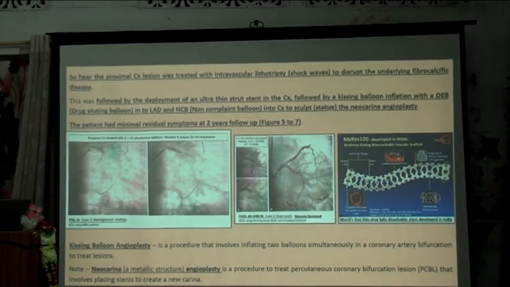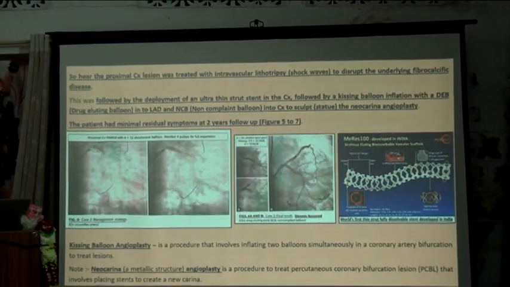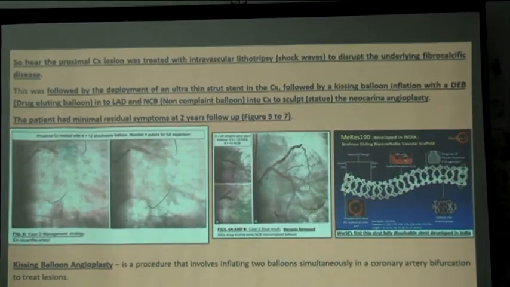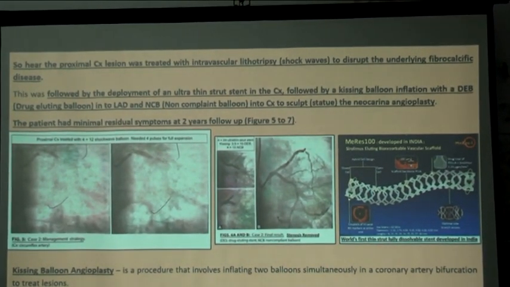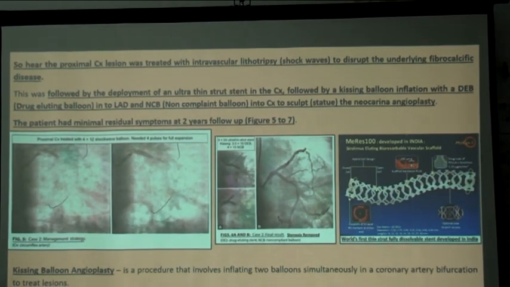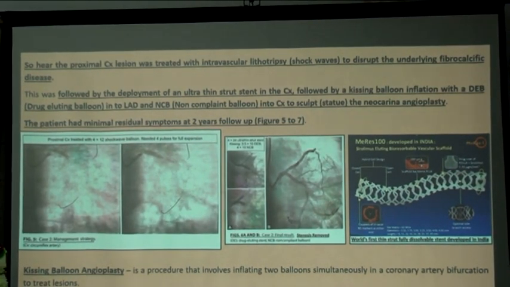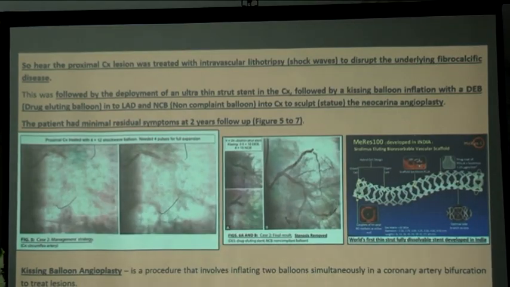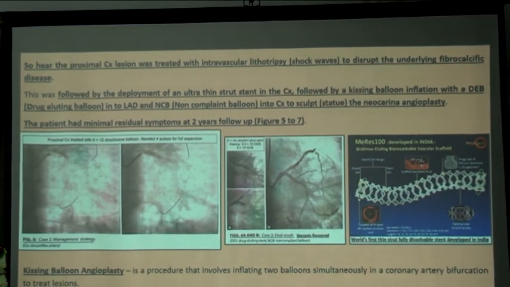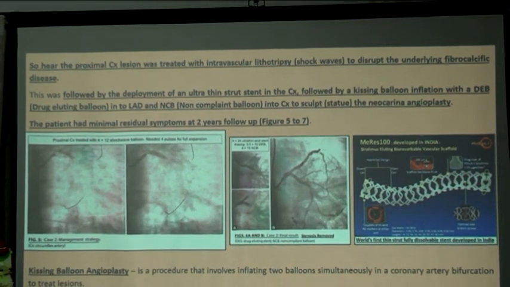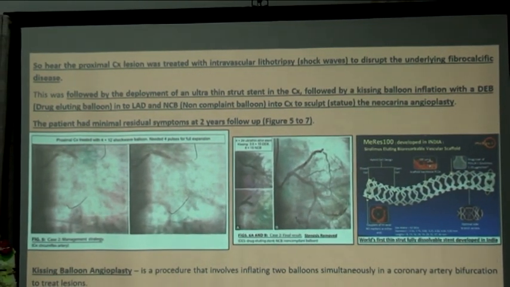You see, when we employ this ultra thin stent in circumflex followed by kissing balloon inflation. Kissing balloon inflation is a procedure that involves inflating two balloons simultaneously in a coronary artery bifurcation to treat lesions.